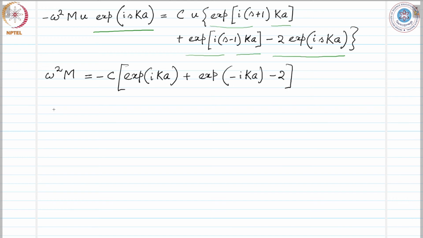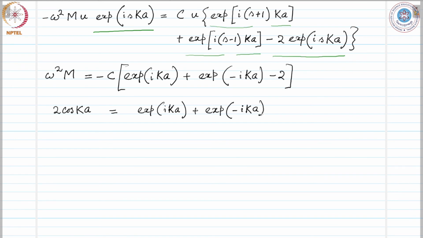And now if we make use of the identity, twice cosine of Ka can be written as exponential of i Ka plus exponential of minus i Ka. All of you know this.